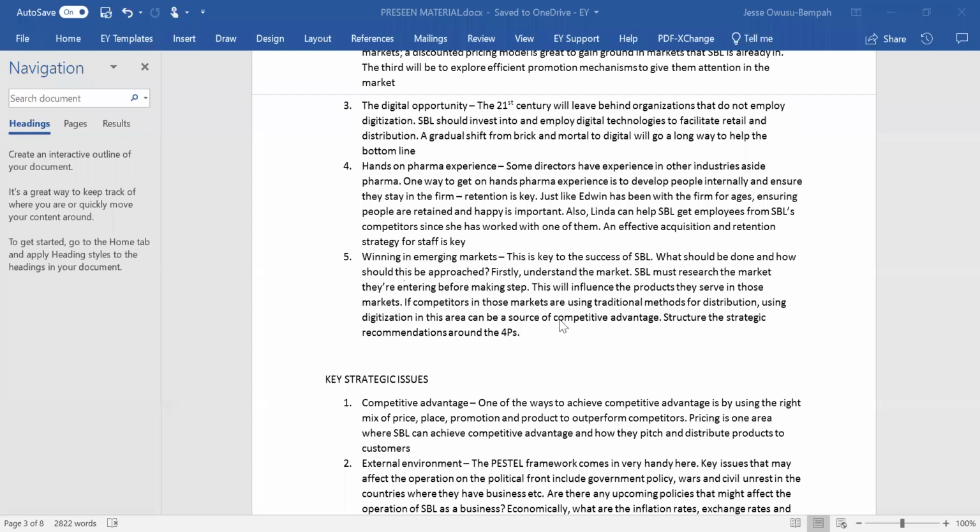You find areas in the 4 Ps where you can gain some competitive advantage. That's how you can win. For example, if you look into a certain market and they are not providing OTC, over-the-counter drugs, is that an area SBL can go into because no one is doing it? Those are the questions you ask yourself. Am I making sense?